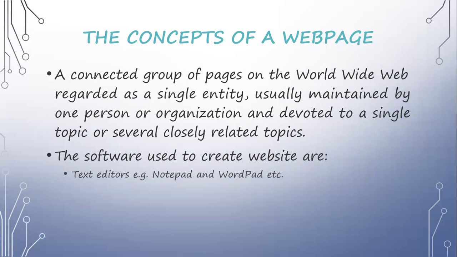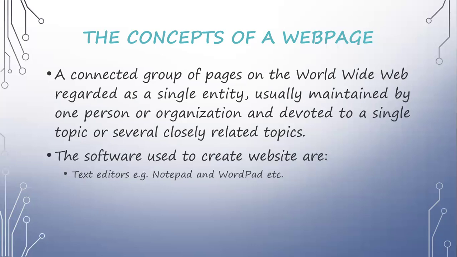Now, the software that I use to create a website includes the following. There are text editors, for example Notepad, WordPad, etc. These text editors are the ones I use to create the various websites that you can see within internet browsers.